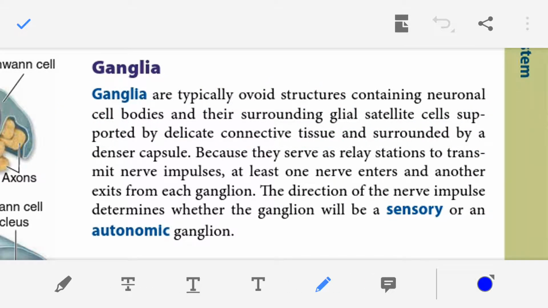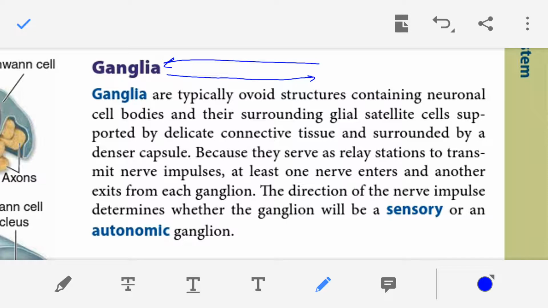Now the ganglia serve as relay stations. This relay station, or center, transmits the nerve impulses, and in the ganglia at least one nerve enters the ganglion and another nerve is exiting.